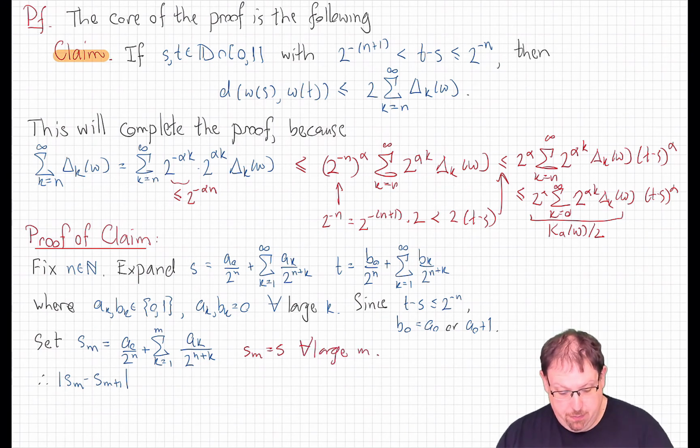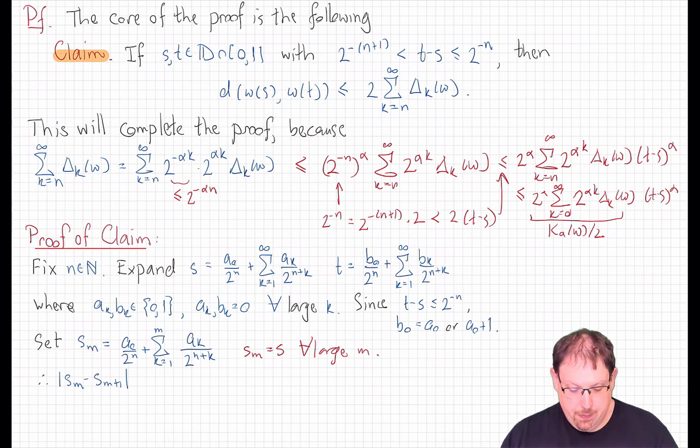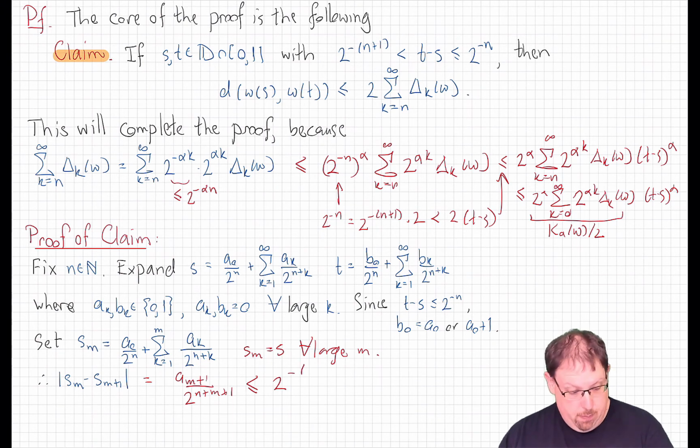Moreover, the difference between two terms in this sequence, S_m and S_{m+1}, is just the (m+1)th term in this sum here. So that's just equal to a_{m+1} divided by 2^{n+m+1}. And that a_{m+1} is either 1 or 0, and so this is no bigger than the denominator there, 2^{-(n+m+1)}.